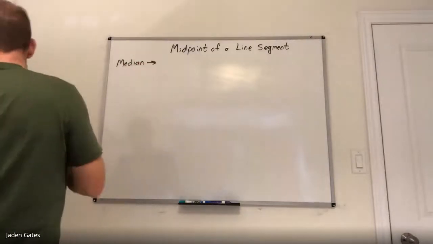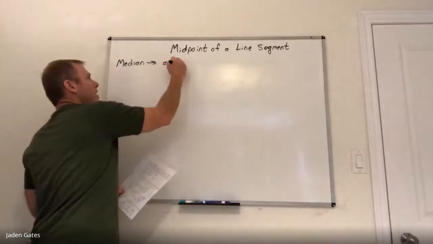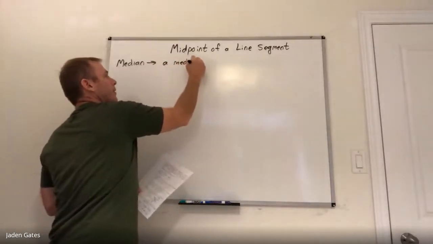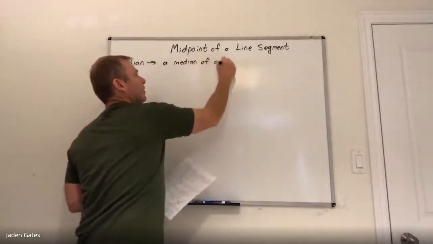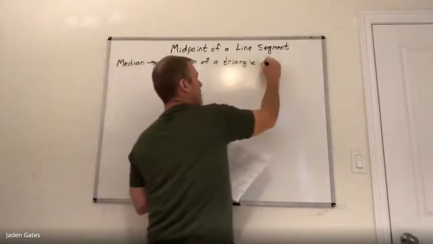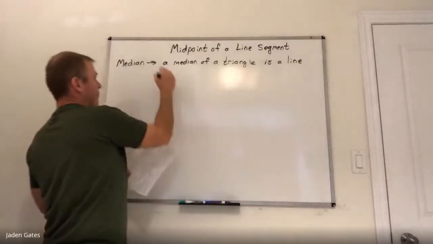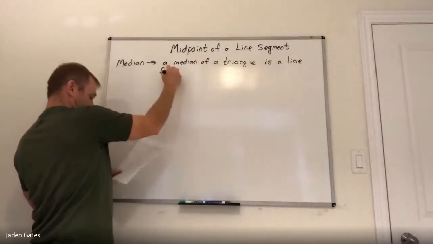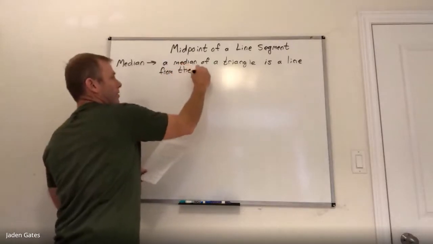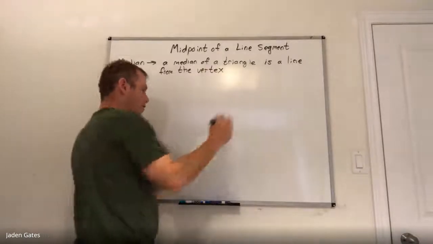All right, now a median in math, not on the road, a median of a triangle is a line from the vertex, we'll get into all these words, what they mean, to the midpoint.